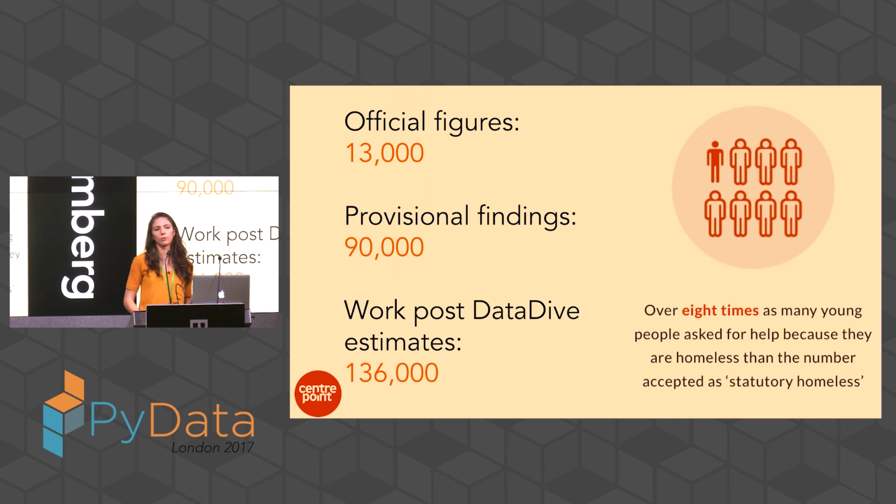Post-data dive, a few of our volunteer data scientists carried on working with the model and refined it, taking a slightly less naive approach to the coefficients. They tried to understand whether the councils that had not responded had somewhat different characteristics because of the fact that they had not responded. They went further into the statistical analysis of all the demographic data and came up with a significantly higher number, which is 136,000.